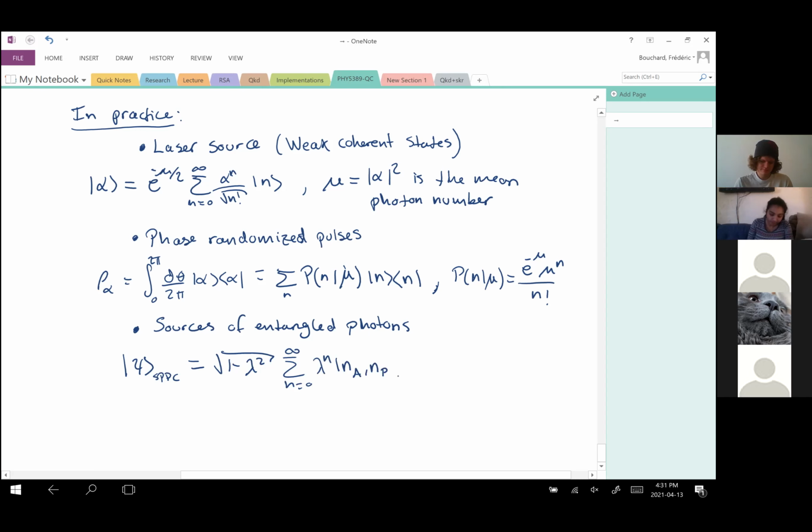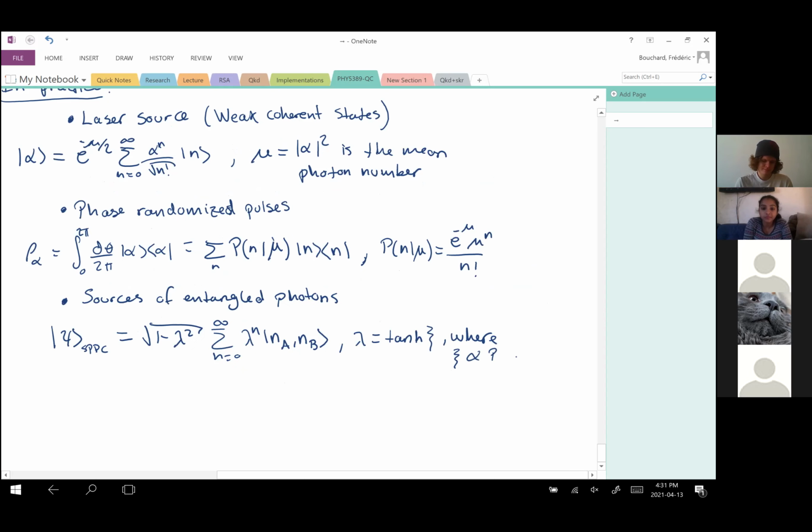We have two modes, one for Alice, one for Bob. Usually they're in two different positions or two different directions. And then you're generating these twin beams, where this parameter is proportional to the pump amplitude. Okay.